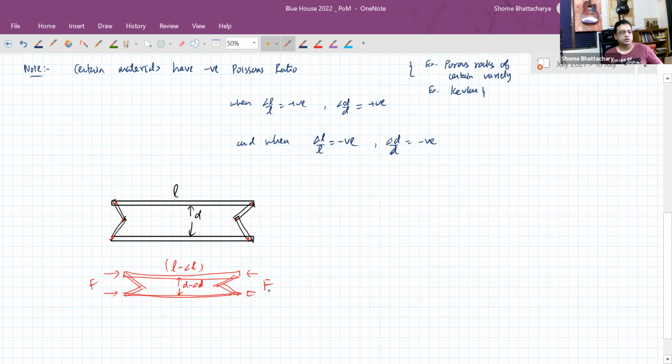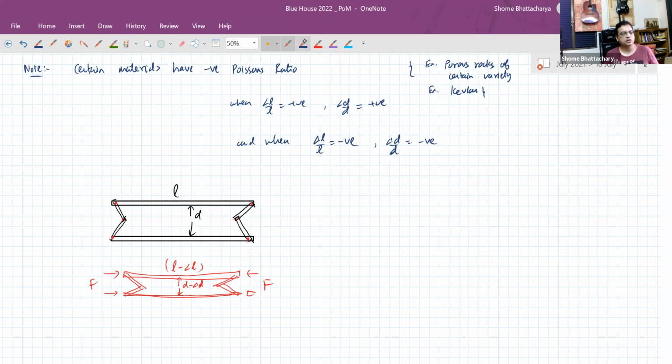So what happens in materials which have negative Poisson's ratio is that the molecular structure is such that the molecules play the role of this kind of hinged body. So this kind of mechanism is actually happening at the molecular level. Long chain molecules which behave like this.